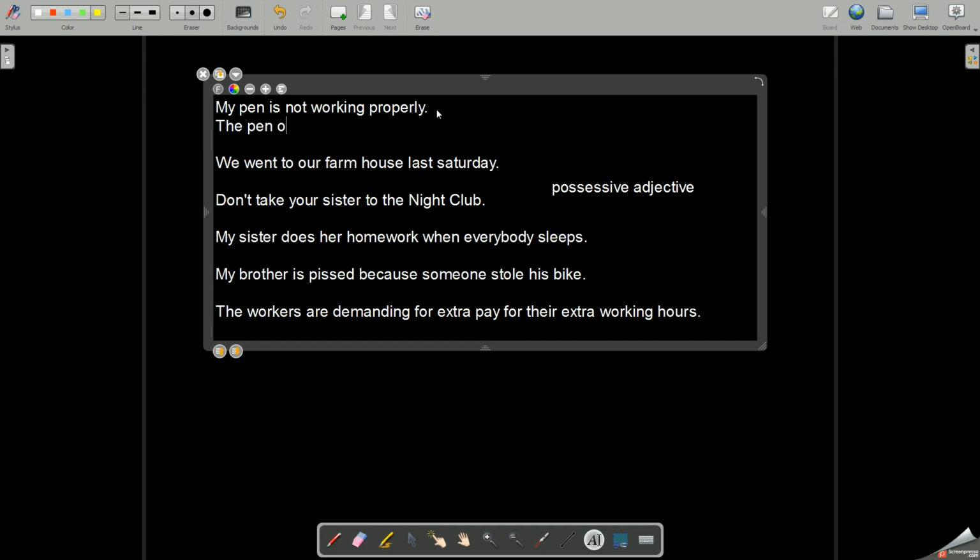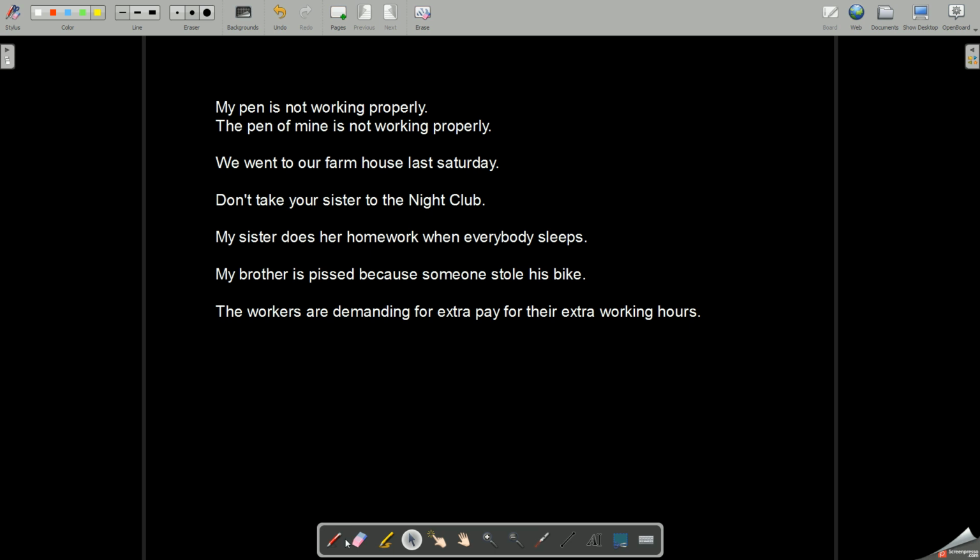The pen of mine is not working properly. So here mine shows what? This is a possessive pronoun because it shows possession or ownership of the pen, but not as an adjective.